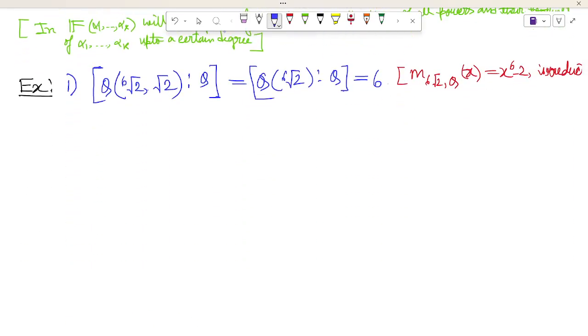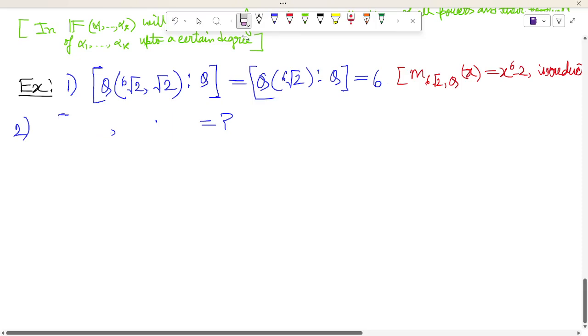Next example. What is this thing? So to answer this, let me write it in another ink.